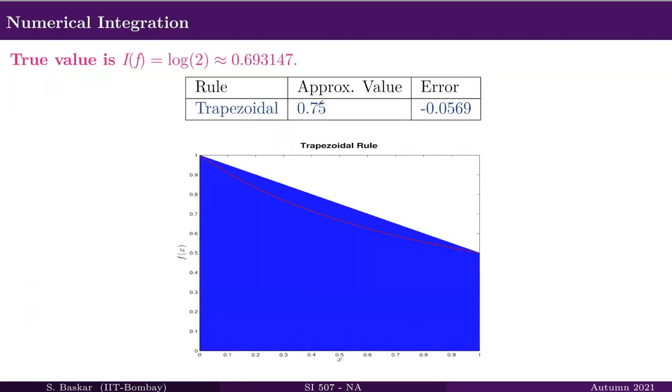Trapezoidal rule gave us the value 0.75, whereas the exact value of that integral is 0.693147. Geometrically, the red line is the graph of the function f of x equal to 1 by 1 plus x, and we are supposed to get the area under the curve.